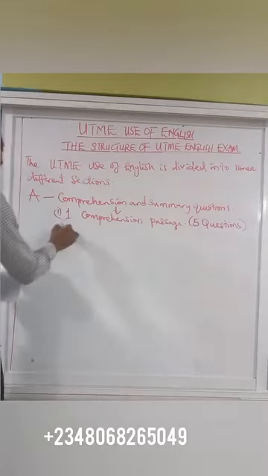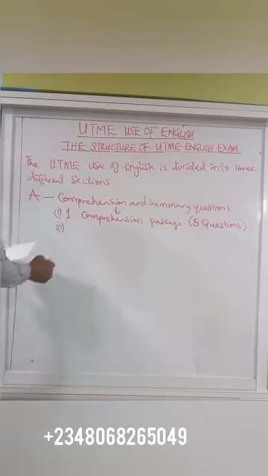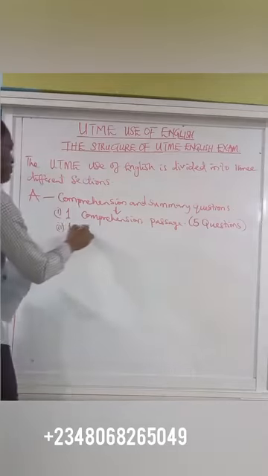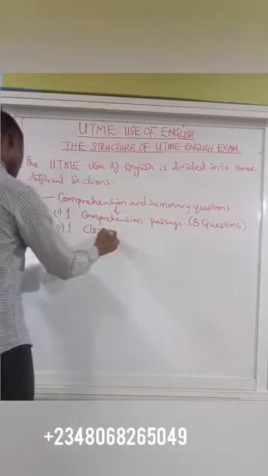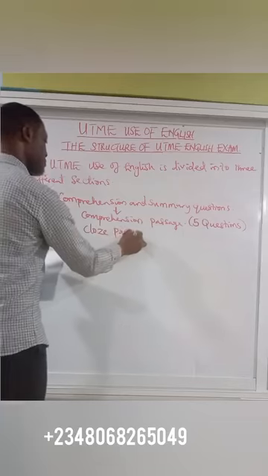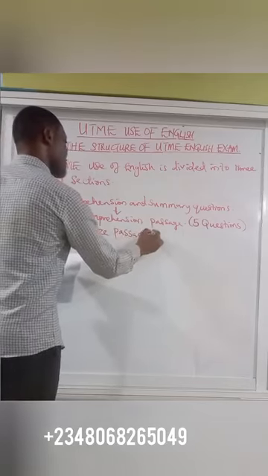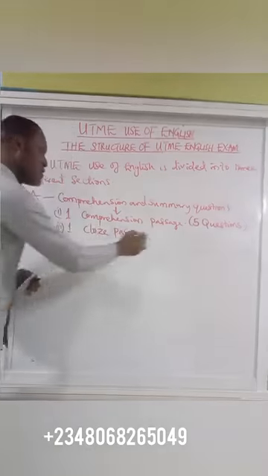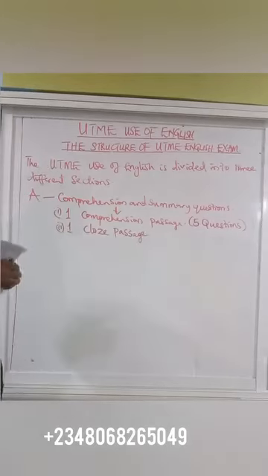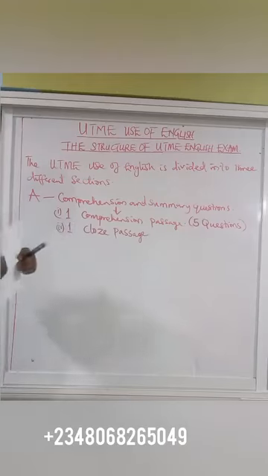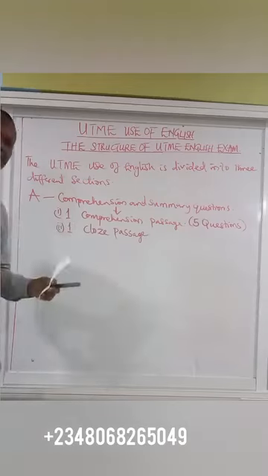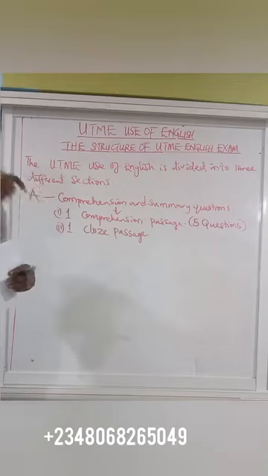Number 2 of this category consists of one closed passage. What we refer to as a closed passage is a type of passage where a particular section of the sentence is deleted and you are asked to provide the answer or fill in the gap.